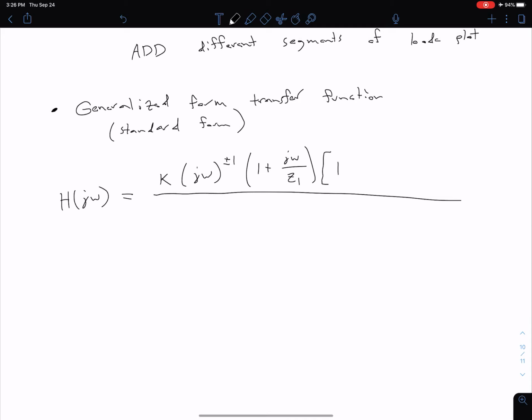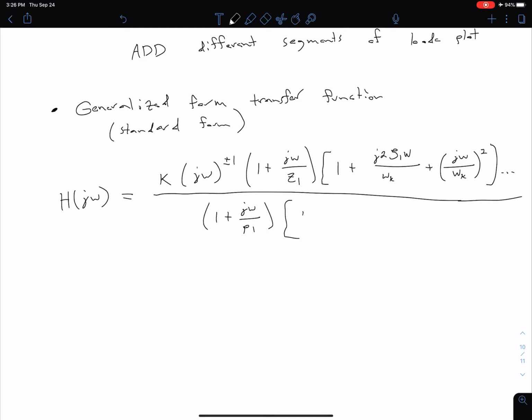And then we have this more complicated term in brackets, which is going to be 1 plus j2 zeta 1 omega divided by omega sub k plus the quantity of j omega divided by omega sub k squared, and so on. And then in the denominator, we have 1 plus j omega divided by p1.